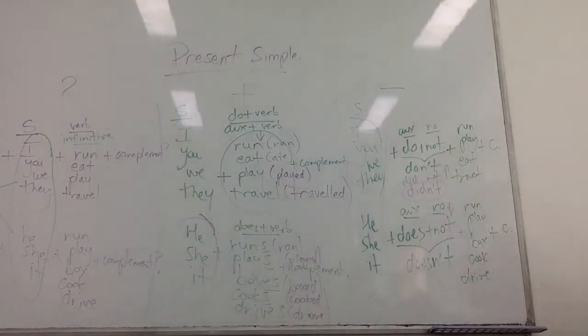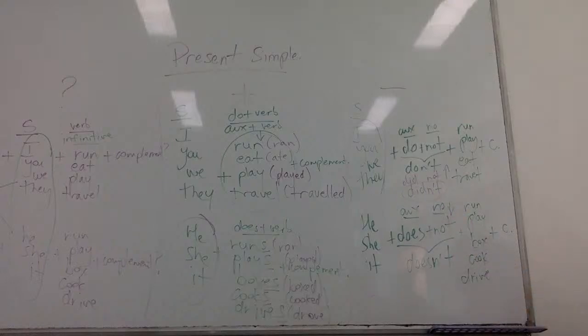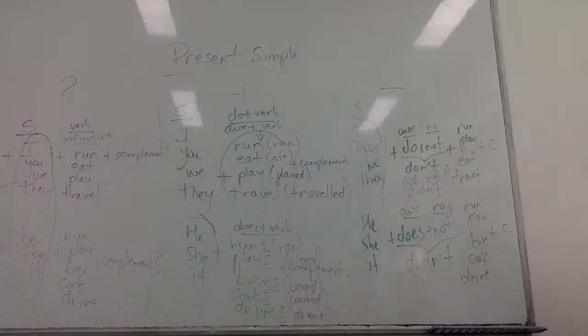And so now when I say didn't, this is negative in the past. So you see, very simple. I can go from present to past, but I need to know my present first. If you learn your present, very simple, you can go to the past. So that's what we're going to work on.